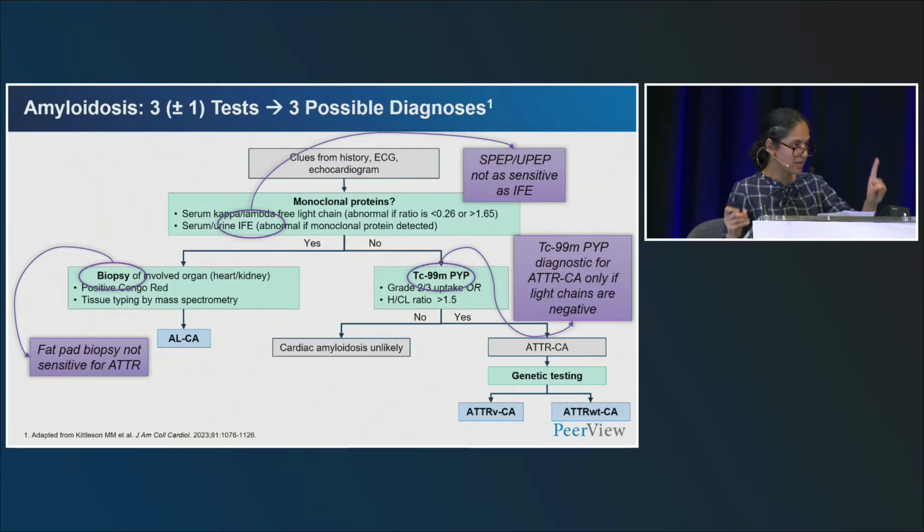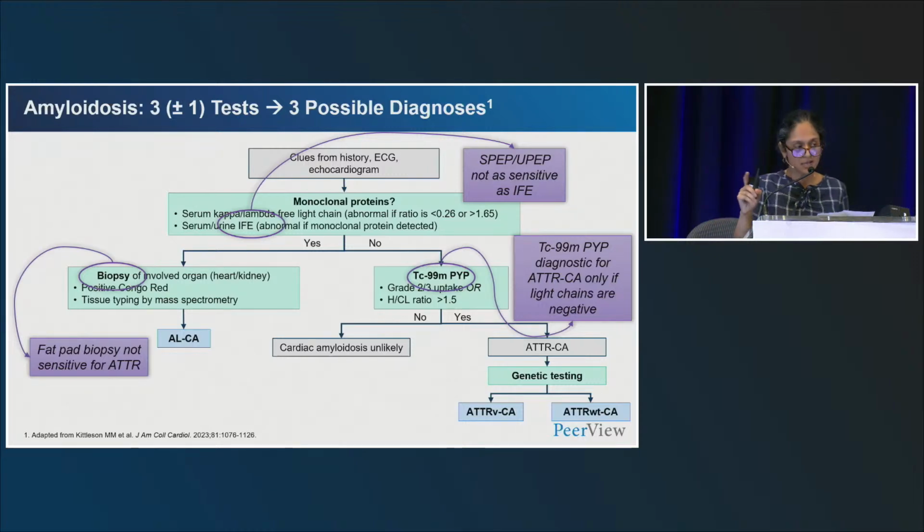You remember that tissue is the issue and you biopsy something. But if the monoclonal protein screen is negative, you take a big, deep sigh of relief because you're very happy for the patient, and you do your radionuclide scintigraphy scan, most commonly technetium pyrophosphate, and if it is positive, you have 100% accuracy diagnosed ATTR cardiac amyloidosis, and then you'll do genetic testing, which is important for cascade screening of first-degree relatives.